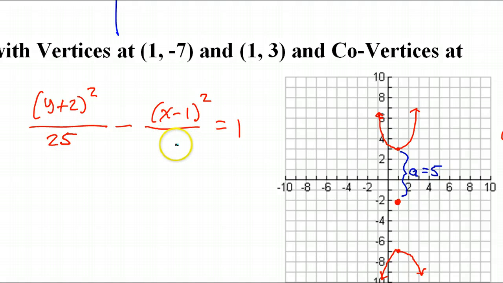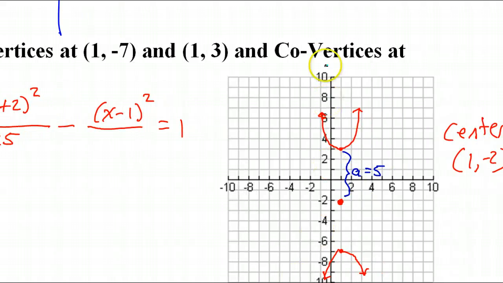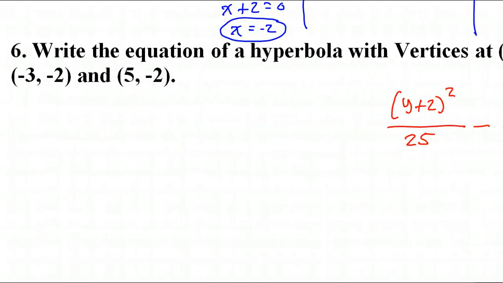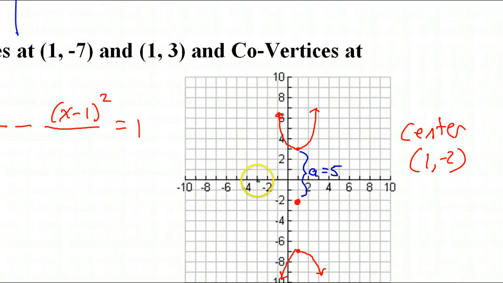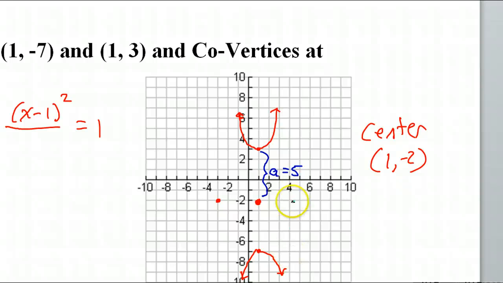Now, all I need is the x direction. And that's what's coming up next, the covertices. So the covertices are at (-3, -2), so there's a covertex. And there's another one at (5, -2). Those are covertices.